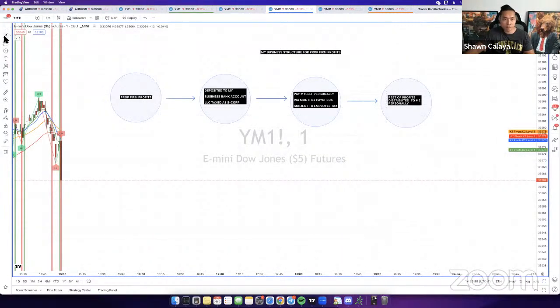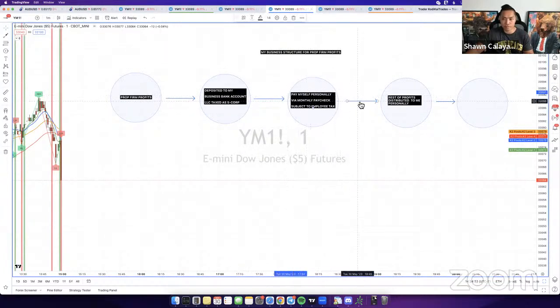And then on top of that, you can also take tax deductions, because if you're doing it this way, you're operating as a business. Whenever you get funded by FTMO, they're going to ask you in a contract: do you want to register as an individual or as a business?